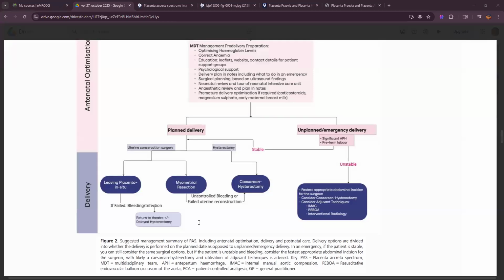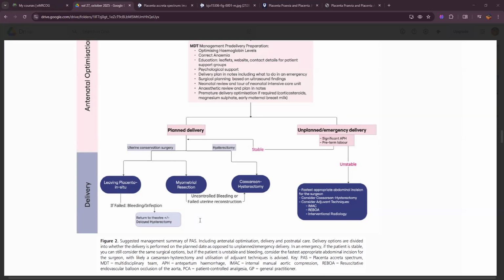What if you are not prepared and you were surprised by how the placenta looks, or you have tried the placental delivery and it's not coming out and the patient is going to bleed much? The placenta is really attached to the uterus. Again, you are going to leave it, deliver the baby, leave the placenta, close and transfer to the nearest facility that can deal with it. This is the correct answer.